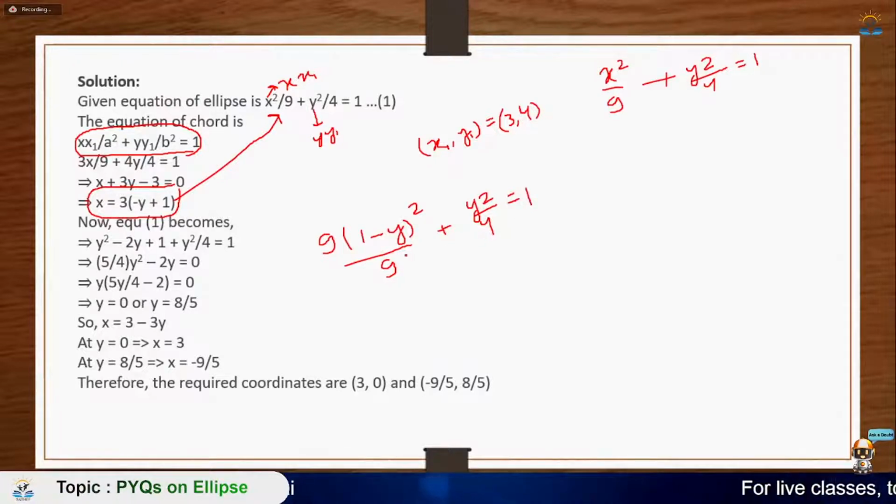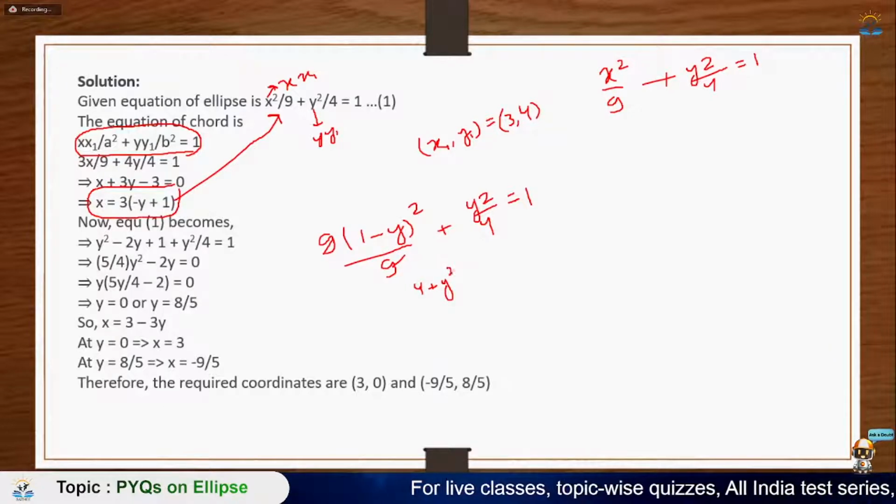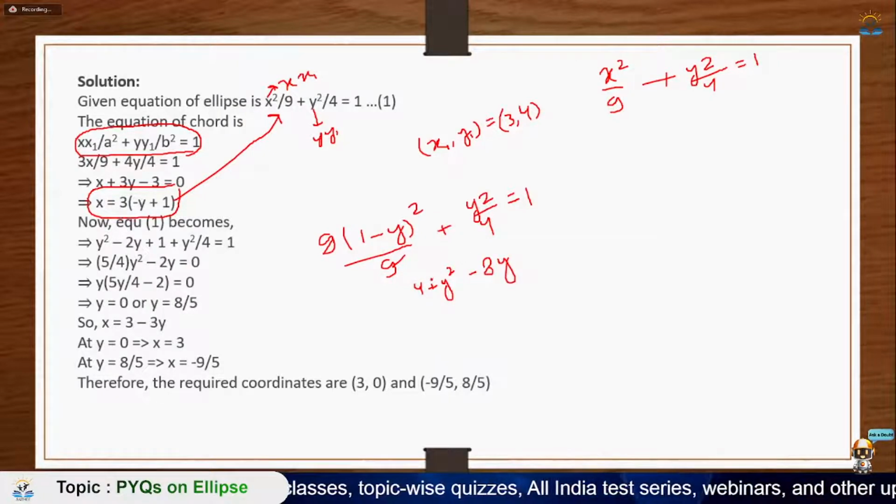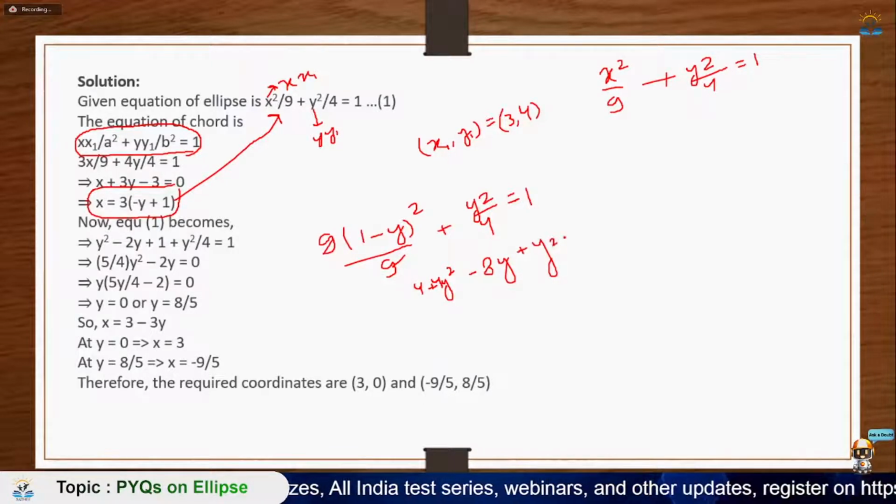Okay, and from here 9 and 9 will cancel, and you will be getting 4 plus 4y square, sorry, minus 8y, plus y square equal to 1.